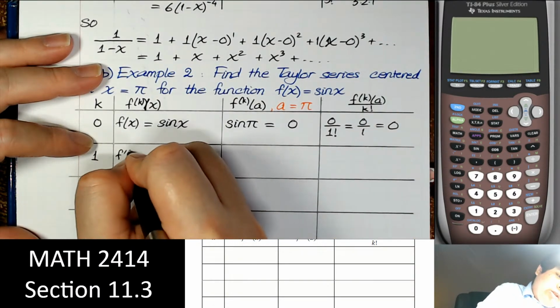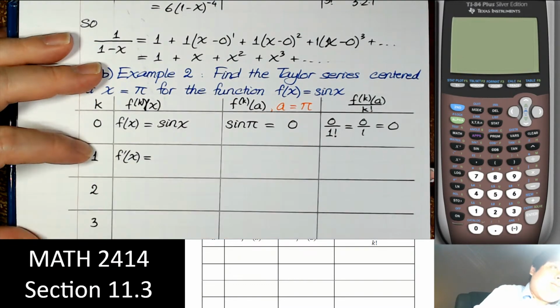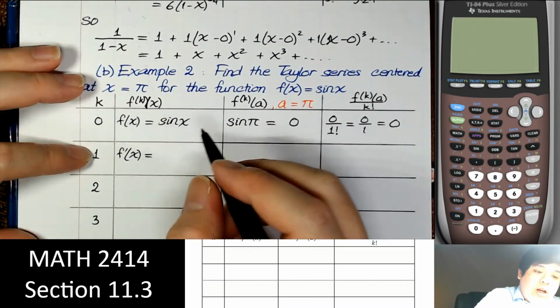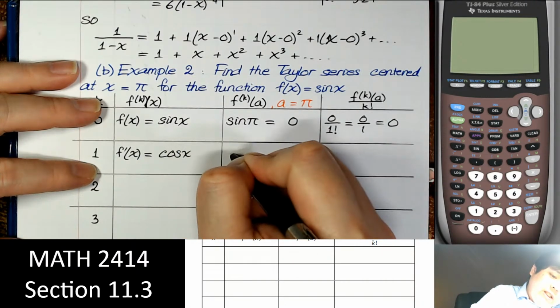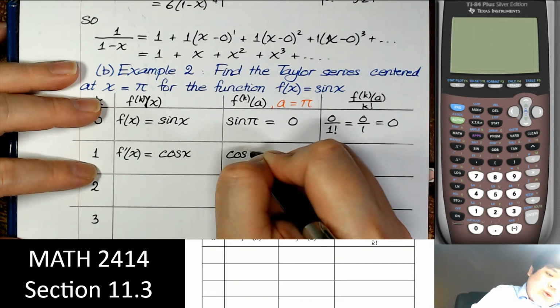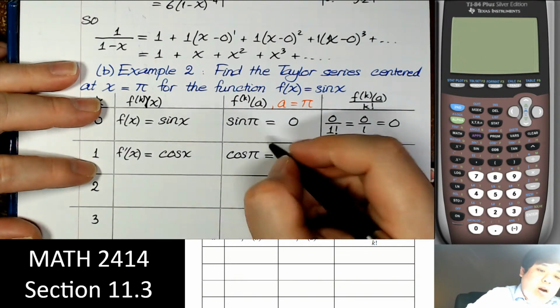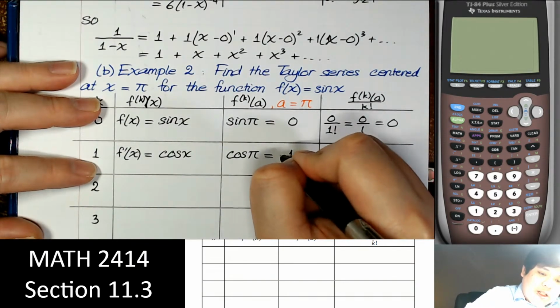Now we take the derivative. The derivative of sine x is cosine of x, and when x equals pi, cosine pi is negative 1.